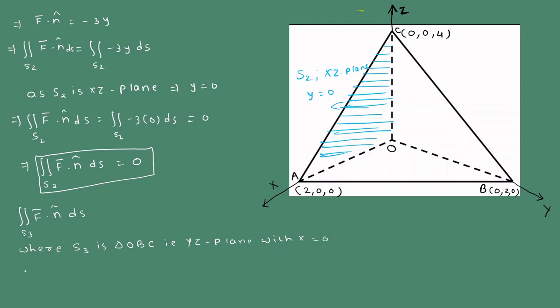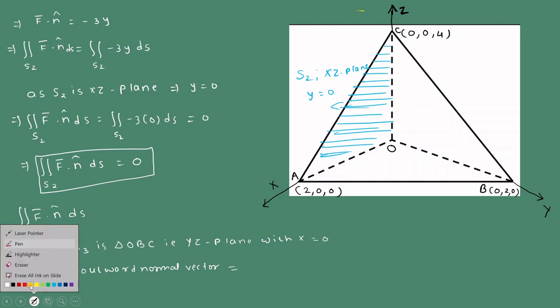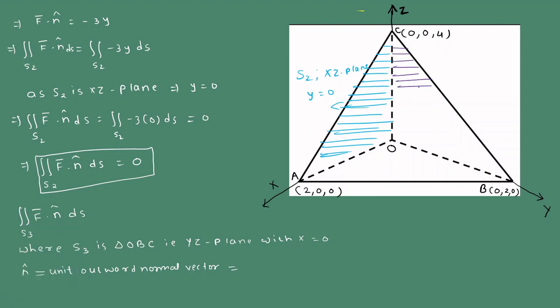Okay. Now, as n cap is the unit outward normal vector, and because our surface is the YZ plane, let us mark it in a new color. This is the YZ plane, correct?